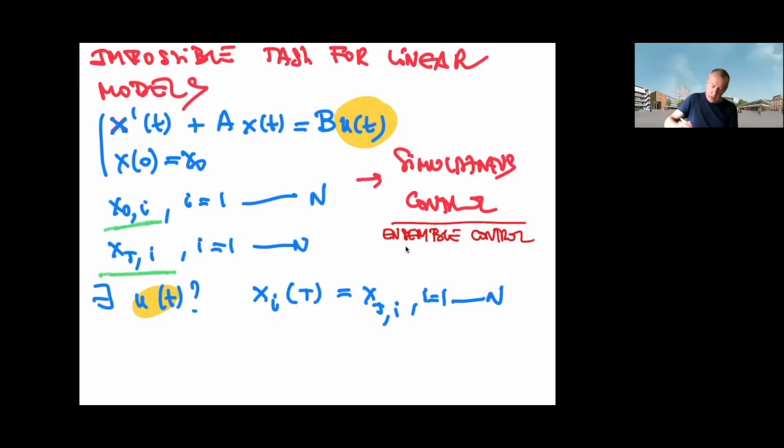If we try to solve this problem in the linear context, we will realize it is impossible. In other words, in a linear world, it's impossible to find a control u(t) that will be able to simultaneously control all the trajectories. Why is that?